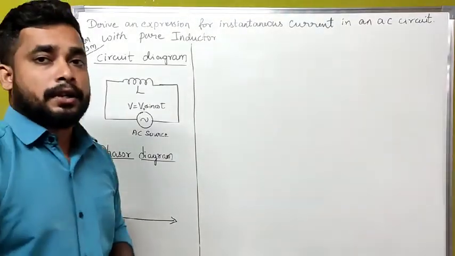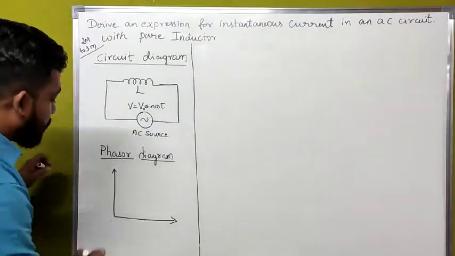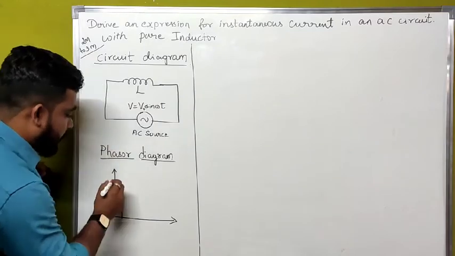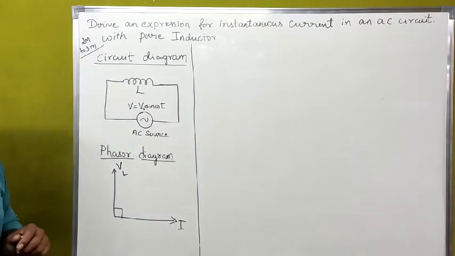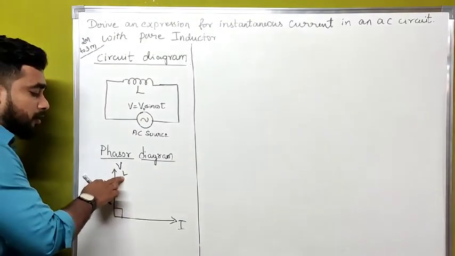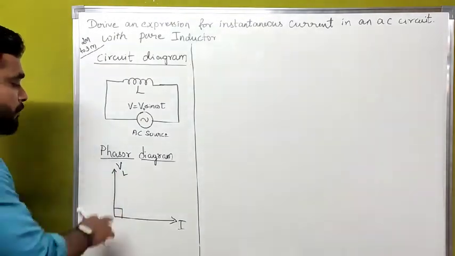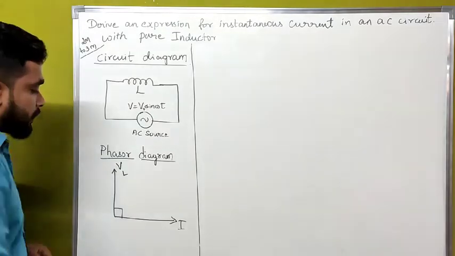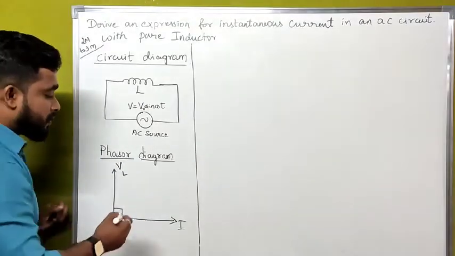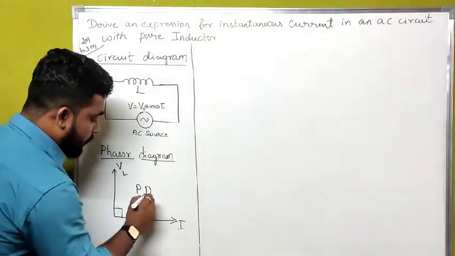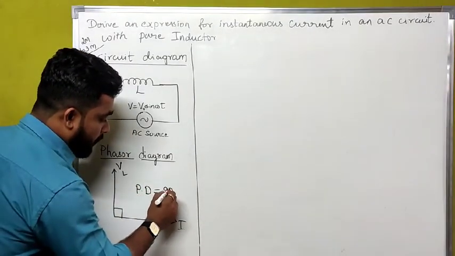In this particular derivation, the phase difference between voltage and current is 90 degrees. This is voltage on inductor, VL means voltage on inductor. This is voltage and current. What is the phase difference between these two? Phase difference is equal to 90 degrees.